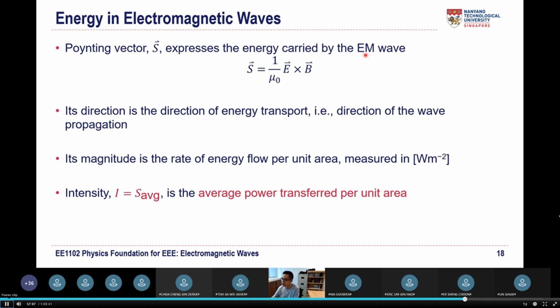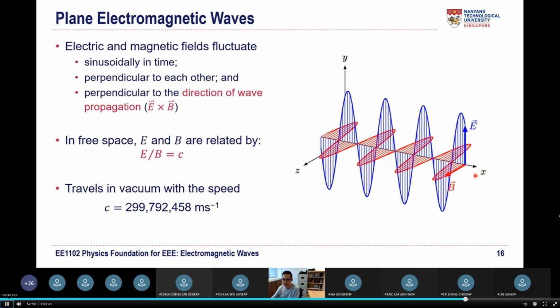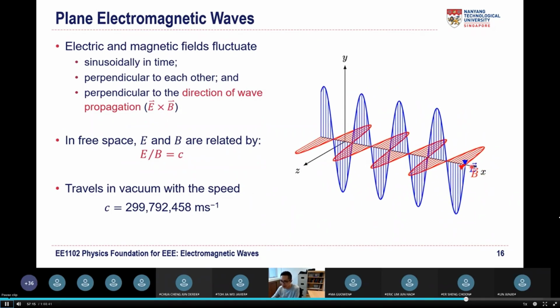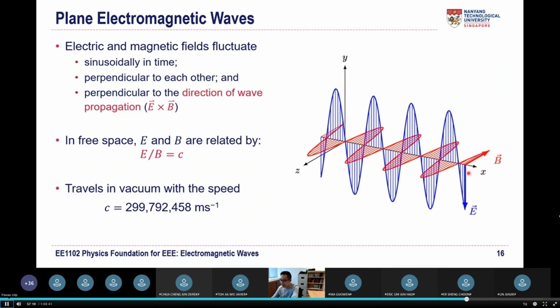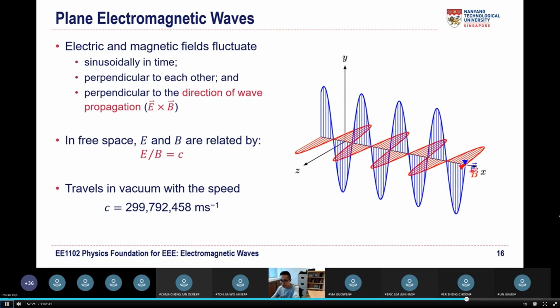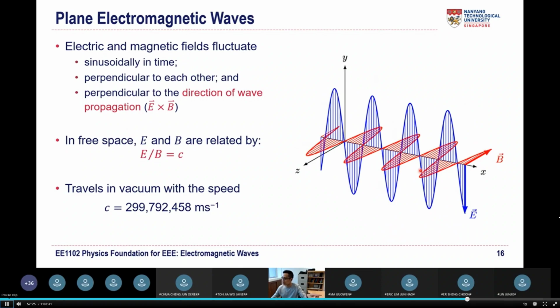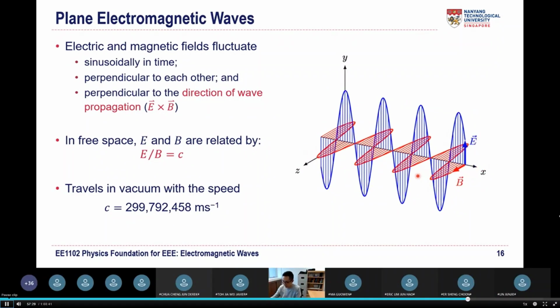Now, one thing that we should always remember is E and B are oscillating, right? So when E is 0, B is also 0, because you can see from this arrow that when E is 0, B is also 0. When E is maximum, B is also maximum. E and B are oscillating together.